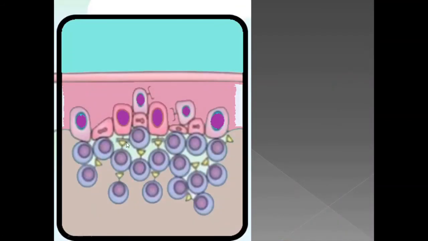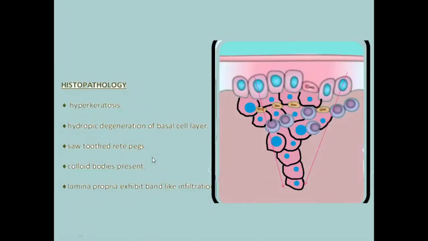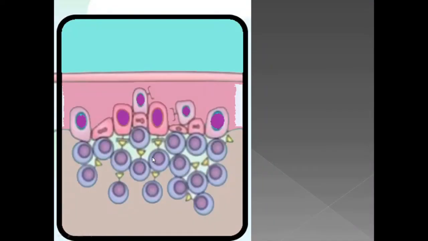In this diagram, we can see the keratinocyte being attacked by cytotoxic T cell. So what will happen when the basal layer of the cell, the keratinocyte, is getting killed by or targeted by the cytotoxic T cell?